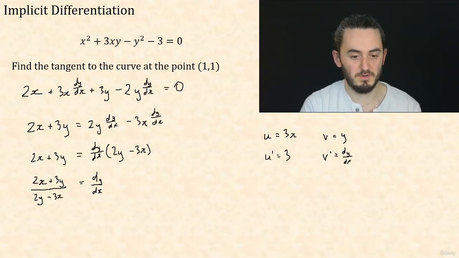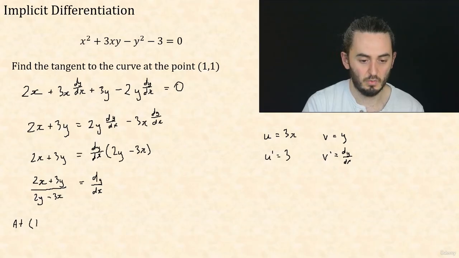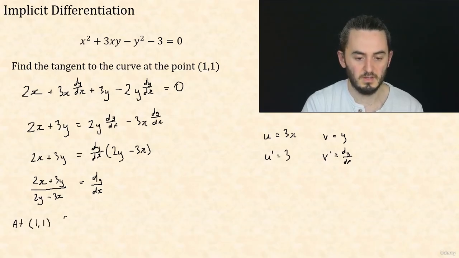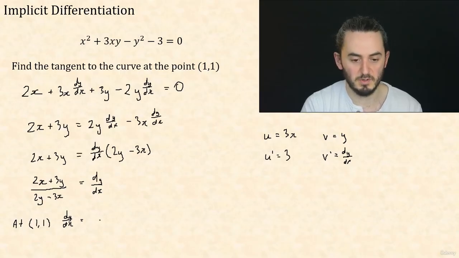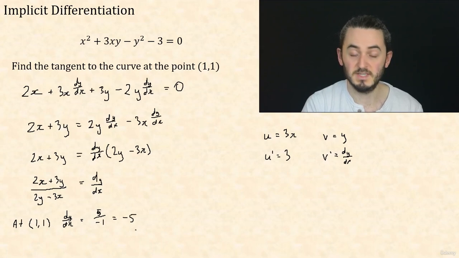Okay, so what's the derivative at the point 1, 1? So I can write at 1, 1, dy by dx is, well, 2 times 1 plus 3 times 1, x and y are both 1 here, is 5. And 2 times 1 minus 3 times 1 is 2 minus 3, which is minus 1. So the gradient is minus 5.